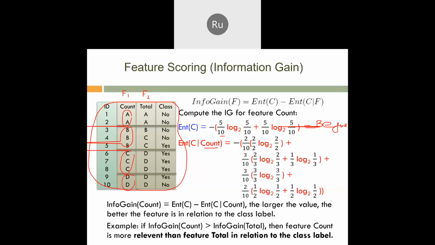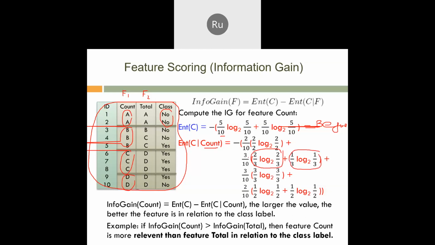For A, we have 2 no. So 2 over 2 log 2 of 2 over 2, and this is the weightage because we have 10 rows, and in this partition we only have 2, so that's why we have 2 over 10. The next one, we have 2 no's and 1 yes. This is for the no's, and this is for the yes.